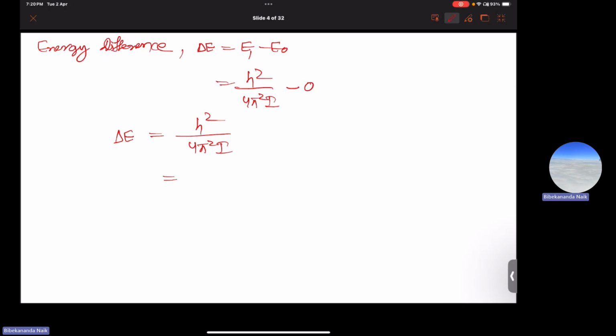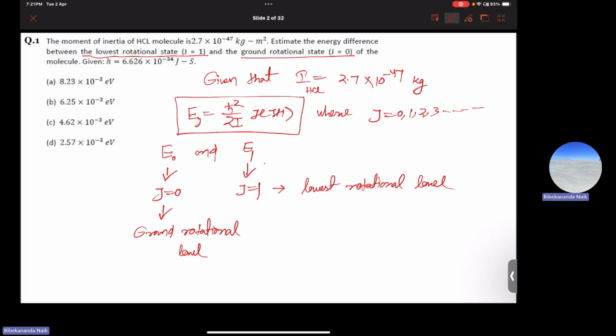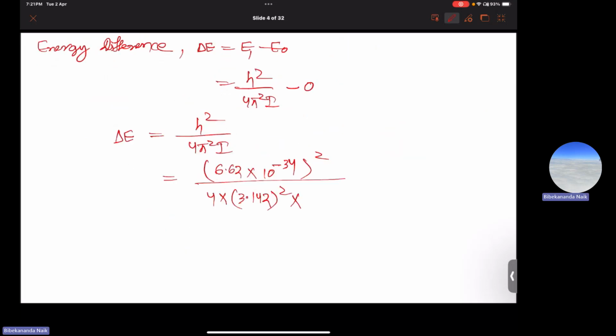We know the value of h, which is given in the question. It is 6.62 into 10 to the power minus 34 square divided by 4 into 3.142 square into I. The value of I is also given, which is 2.7 into 10 to the power minus 47 kg.